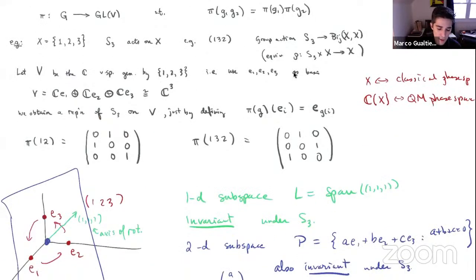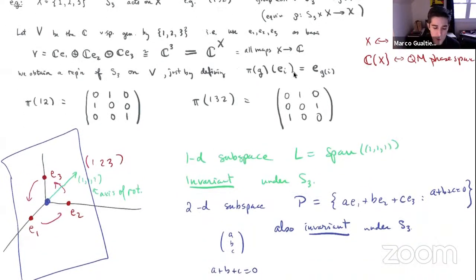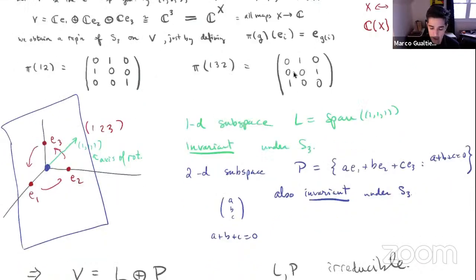Okay, so a similar way of thinking, which is really the same thing: I'm going to think of the vector space as C to the X, which are all maps from X to C. In other words, I'm assigning a complex number to every point in the set, and it's no different. Obviously, the value of the number on E1 is going to be the coefficient in front of E1. So it's the same way of thinking of it.